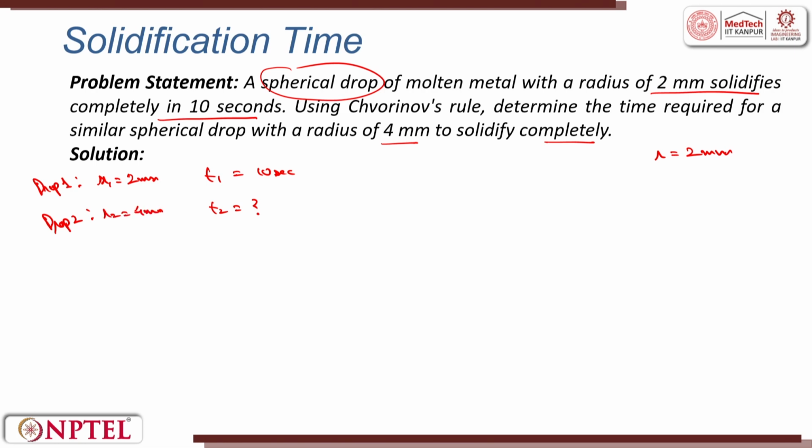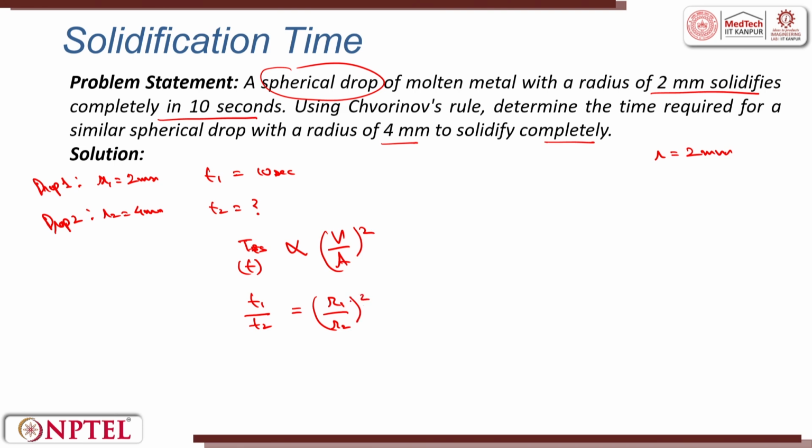So we just need to calculate the ratio between T1 and T2. Using the proportional relationship, Ts, denoted by T, is proportional to V by A squared. So for both of them, we can take this ratio. If it is proportional to V by A, that means T1 by T2 is equal to R1 by R2 squared.